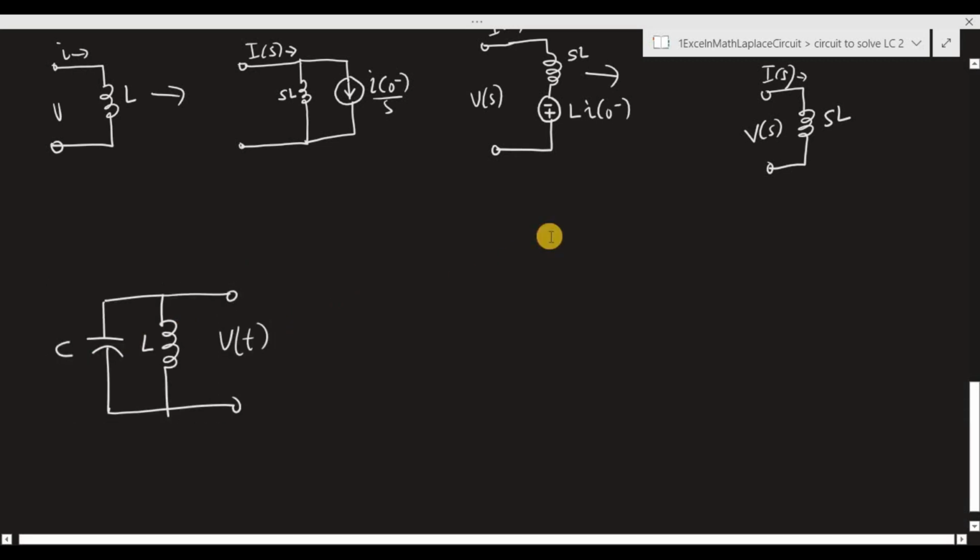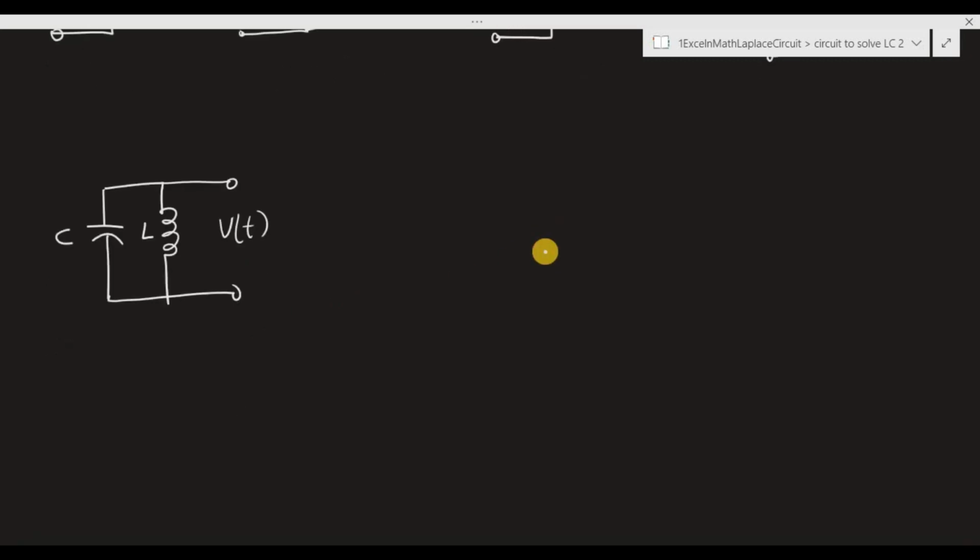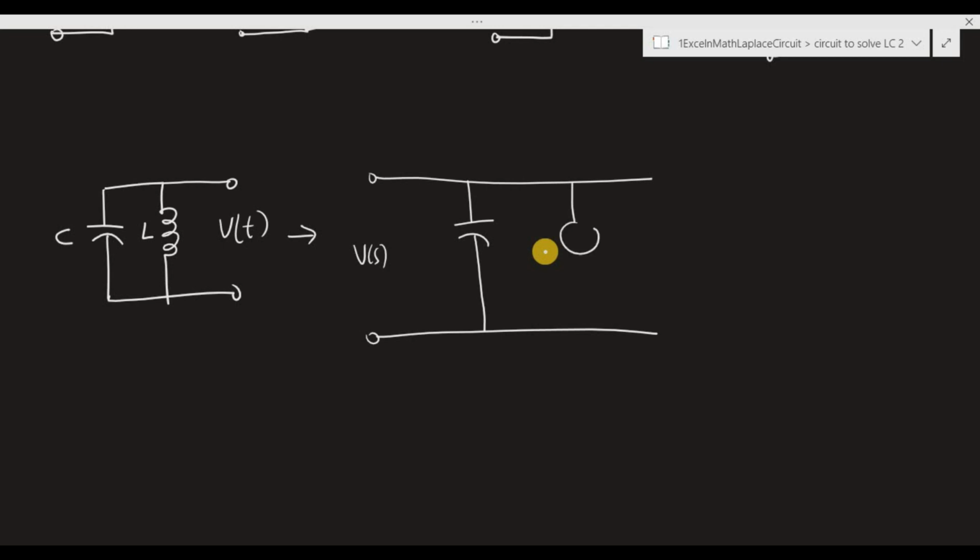Okay, so we are going to apply the parallel circuit model of the capacitor in the S domain. This is our circuit in the S domain. This is our V of S, and this is the capacitor, and this is the current source pointing upward.